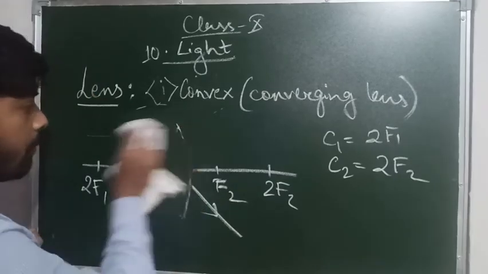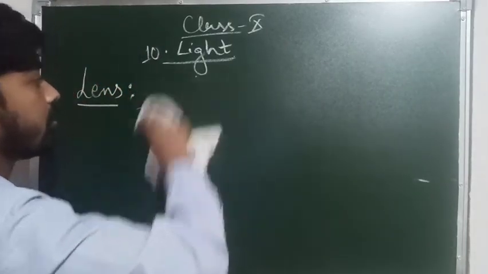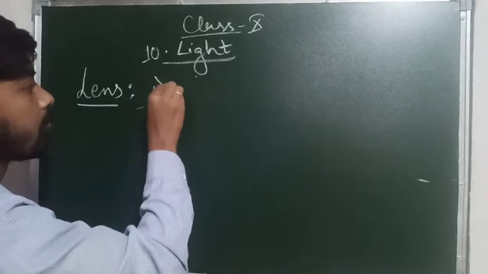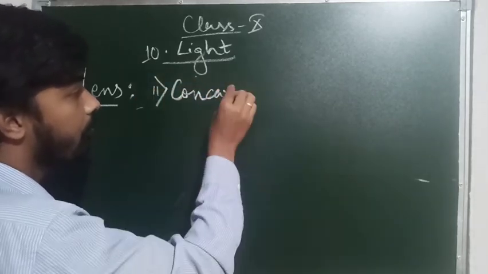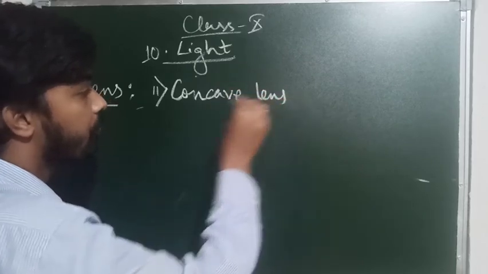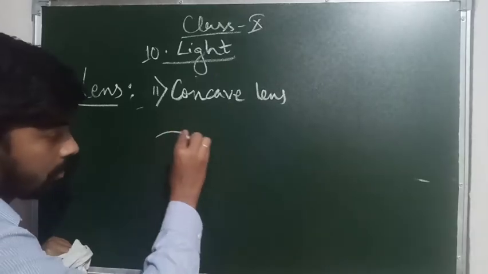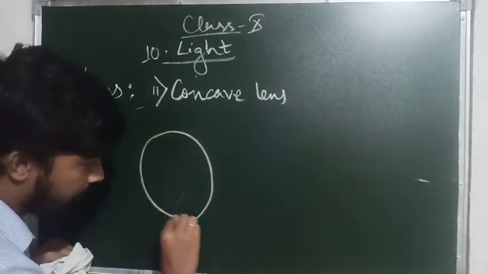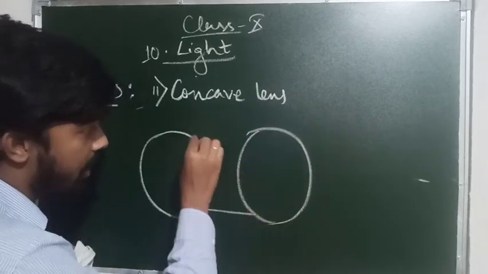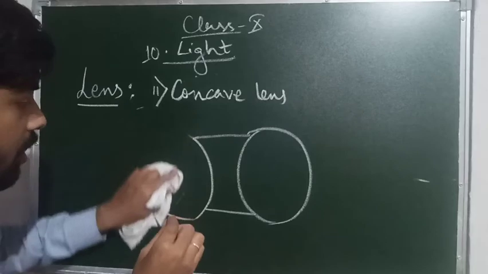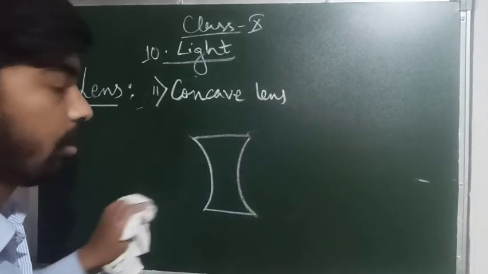Next, we'll see about the concave lens. Now, for the concave lens, we can assume two spheres a little bit apart from each other, and these two parts are joined, and removing the other unwanted parts, this makes our concave lens.